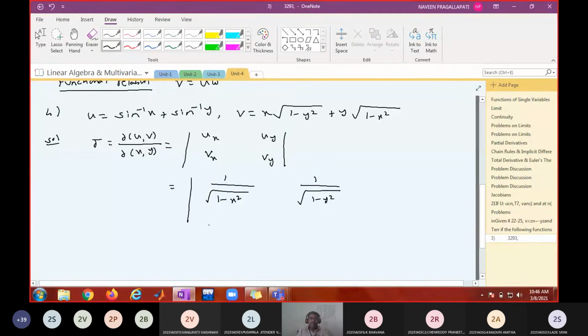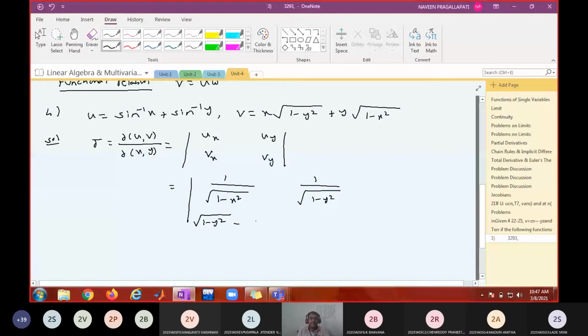Vx is root of 1 minus y square into, here also x is there, right? What is this derivative, tell me?